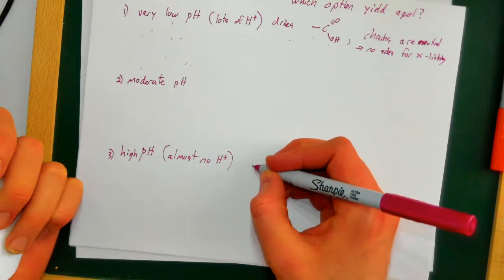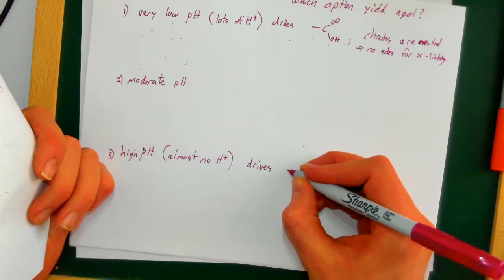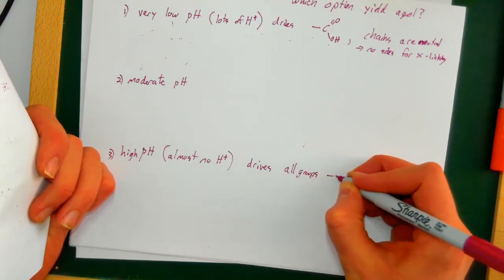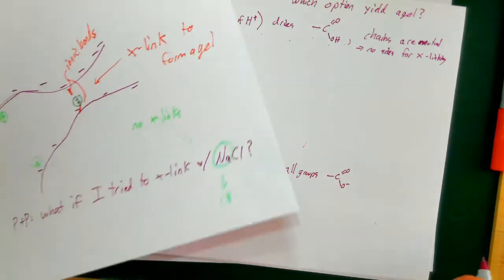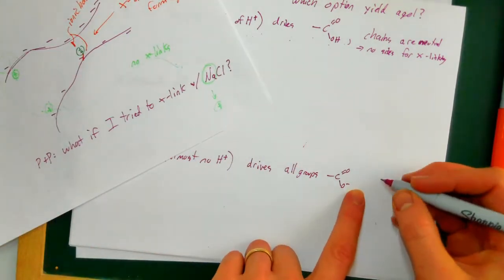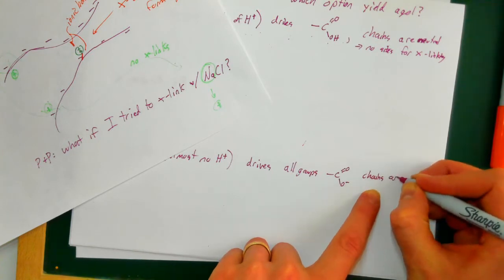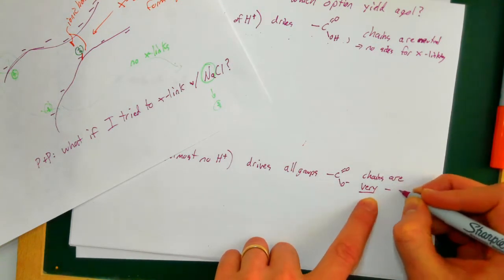This drives us towards nearly all groups being COO-. And what does that mean? That means the chains are very negatively charged.